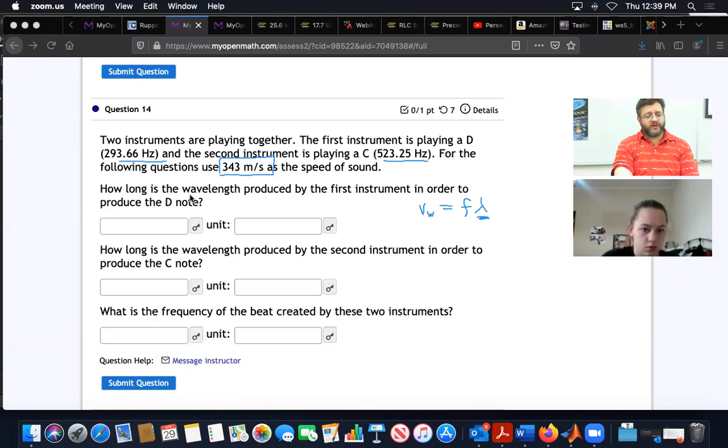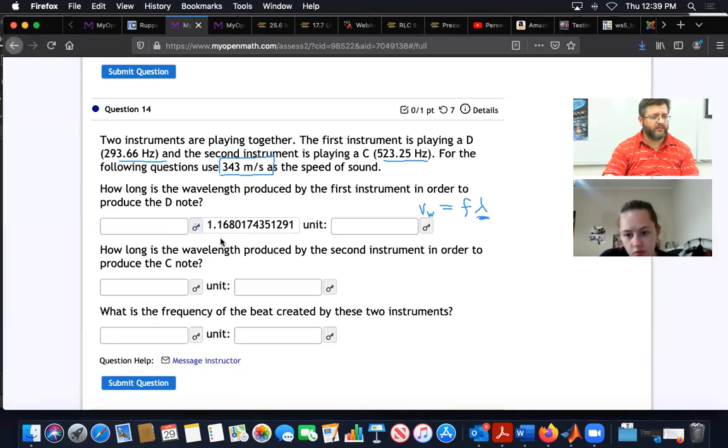And so for the first one, I'm getting 1.166. No, 1.168. So 1.17 would be my first one for this. Let's take a look here. Yep. So if you put in 1.17 or 1.168, probably that would work.